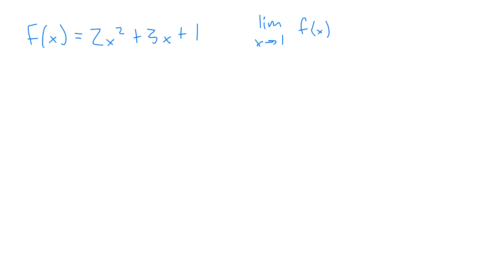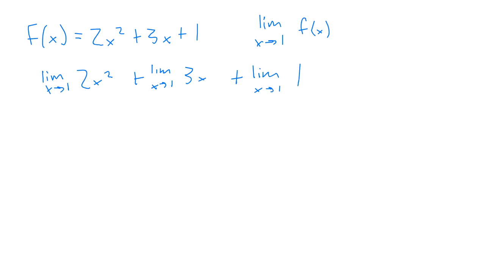So let's go ahead and use our sum rule and break this up. Now we have our limit as x approaches 1 of 2x squared plus the limit as x approaches 1 of 3x plus our limit as x approaches 1 of 1.